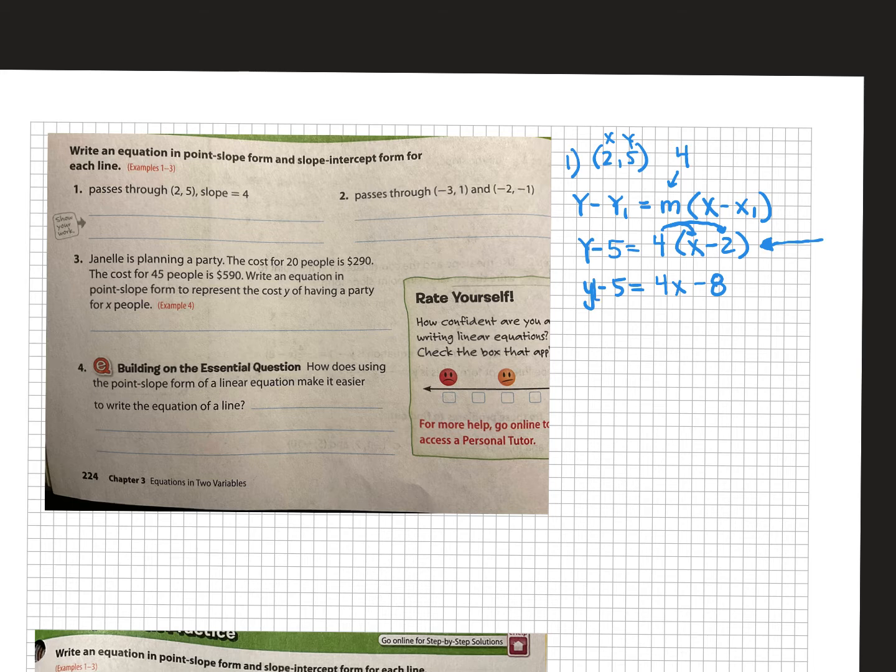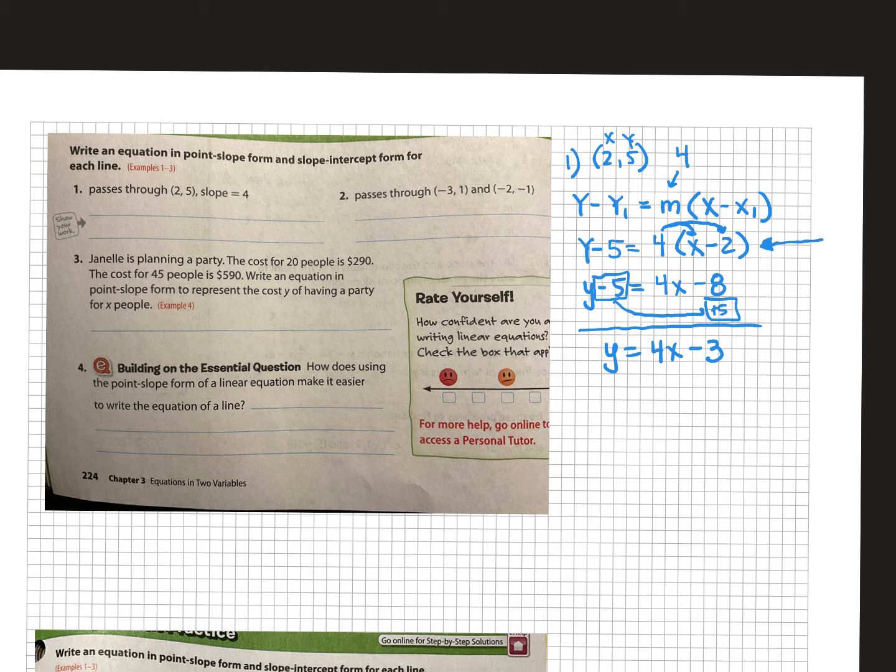Now we're just going to take this negative 5 and move it over here under this one and make it positive 5. So that y equals 4x. Negative 8 plus 5 is negative 3. 4x minus 3.